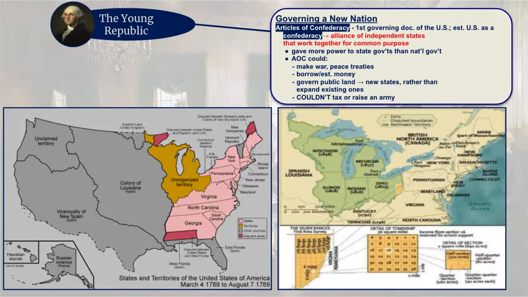In a confederacy, you have an alliance of tribes or people or states that come together and work for a common purpose. In this case, it is to organize and govern this new country. For the Civil War, it was to resist the Union.